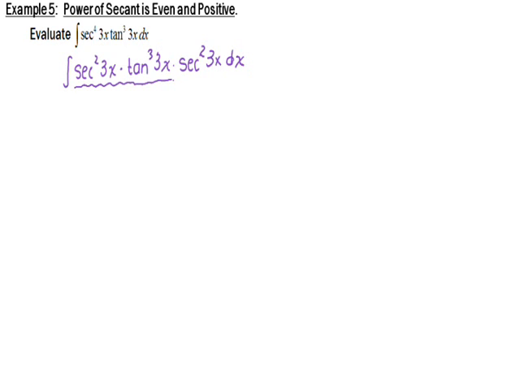And we will be able to accomplish that by rewriting the secant squared of 3x using the Pythagorean identity. And since we know that secant squared is 1 plus tangent squared, that'll be a pretty easy thing to pull off here. The only thing that you want to be careful of is that we're not dealing with just the variable x, but 3x. So secant squared of 3x would be 1 plus tangent squared of 3x. Everything else just follows.